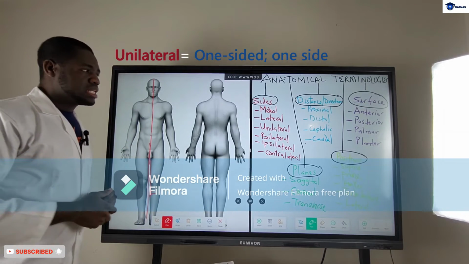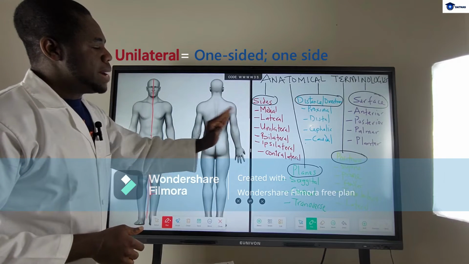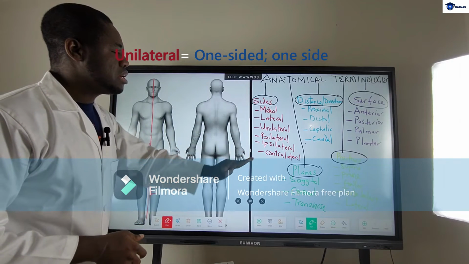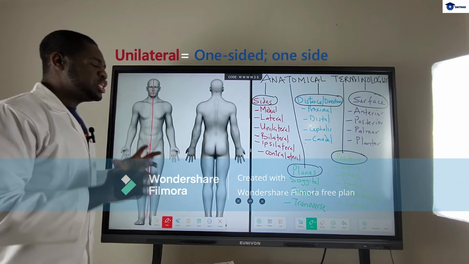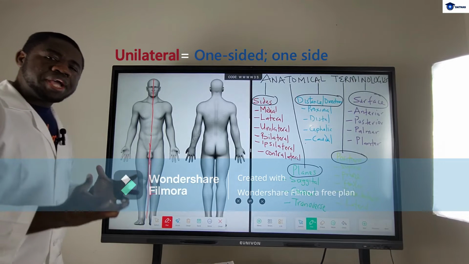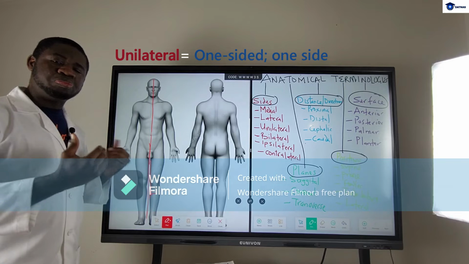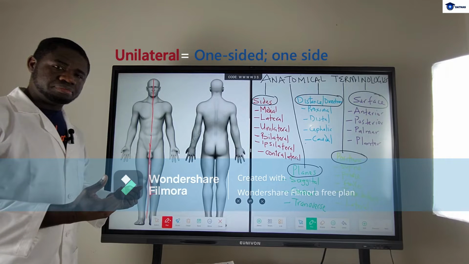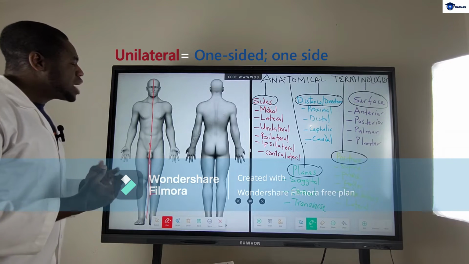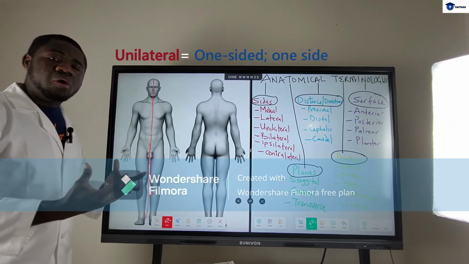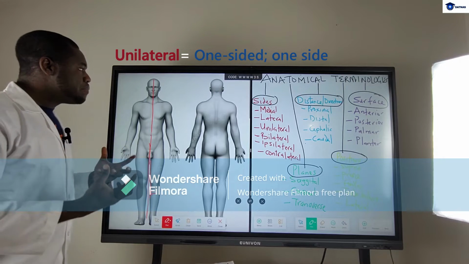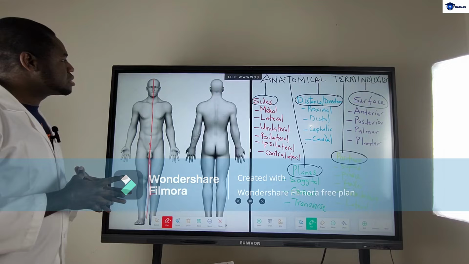Don't forget that unilateral, bilateral, ipsilateral, and contralateral are used to describe a structure or an organ that is paired. For instance, who can name the paired organs?